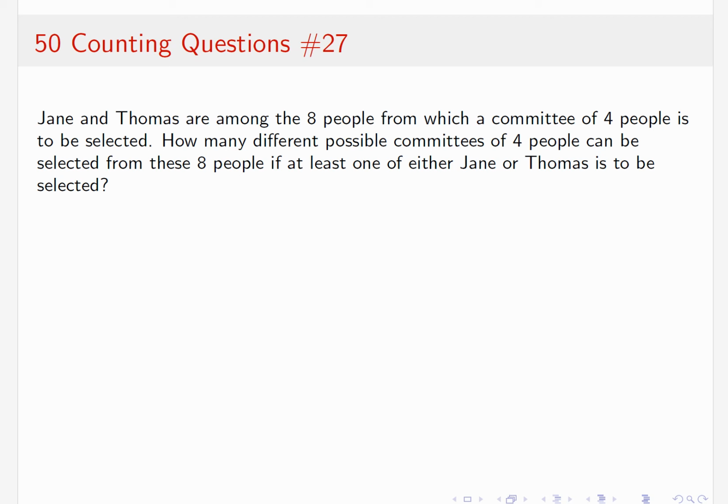Okay, so Jane and Thomas are among the 8 people from which a committee of 4 people is to be selected. How many different possible committees of 4 people can be selected from these 8 people if one of either Jane or Thomas is to be selected? Let me draw a little picture here quickly. If we have these 8 people and we draw a partition, there are 2 people here where Jane and Thomas are, and there are 6 people over here.